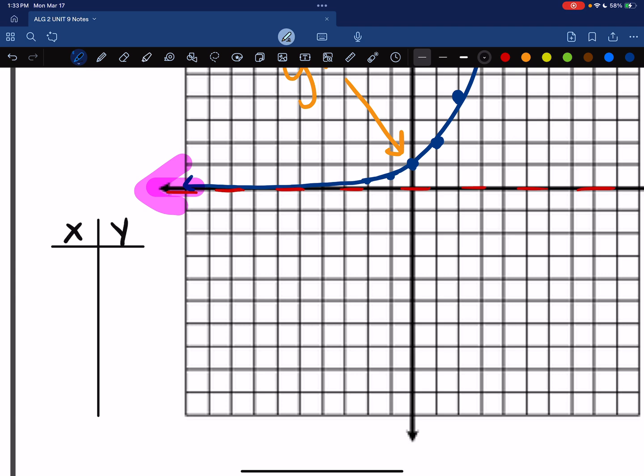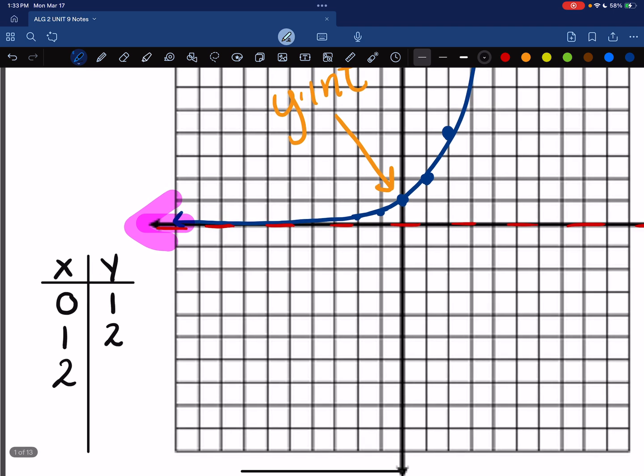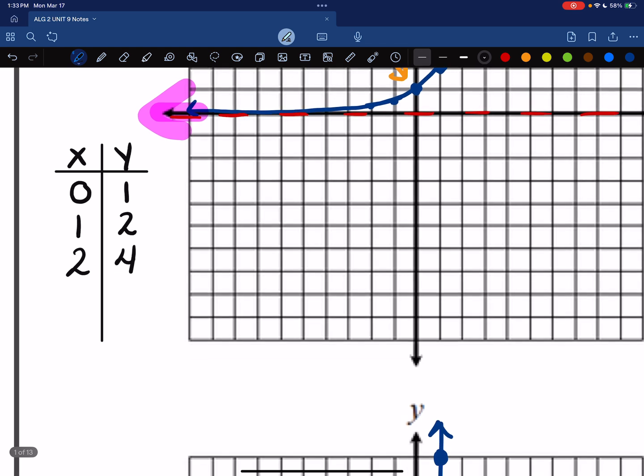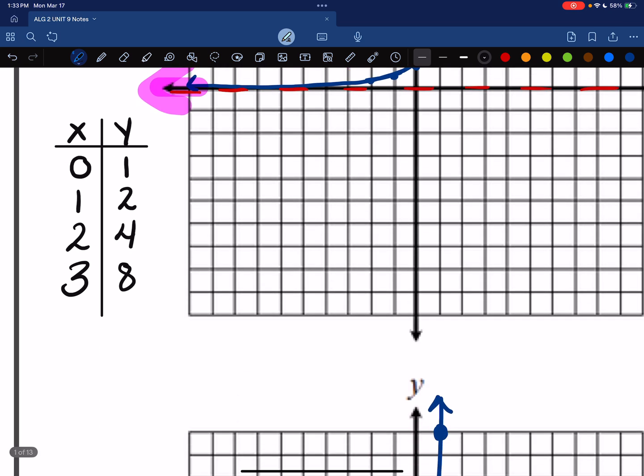We have the point when x is 0, y is 1. And then we have the point when x is 1, y is 2. And then when x is 2, our y is 4. And then when x is 3, the y value was 8. And that was all we were able to graph.